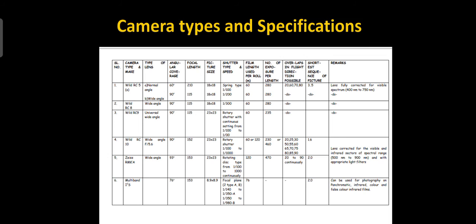See here, there are camera types and specifications. There are Wild RC5, RC8, RC9, RC10, Zeiss RMK A, then multi-band cameras. Then the types of lens used are also given in the table, along with the angular coverage of each type of camera, the focal length of each, the picture size, shutter speed, film length, the number of exposures per length, overlaps possible in flight direction, short sequence of pictures, and there are certain remarks about the type of camera used.